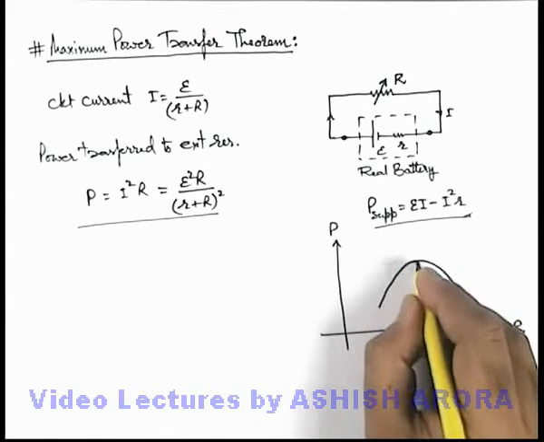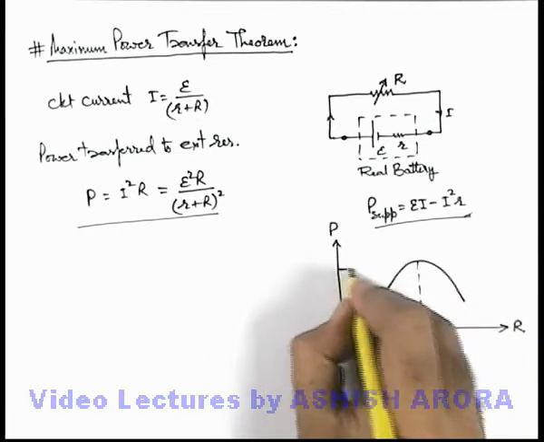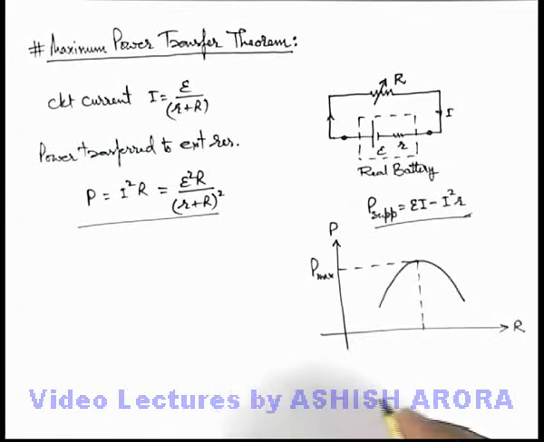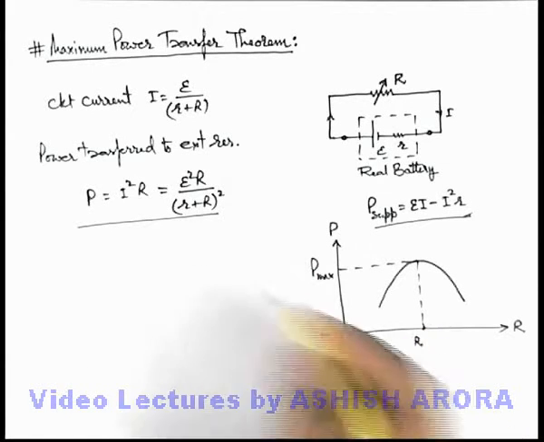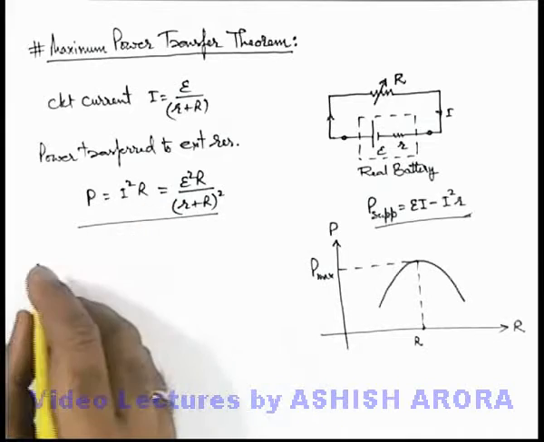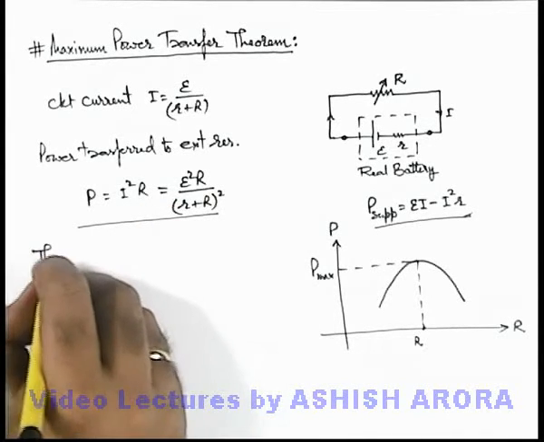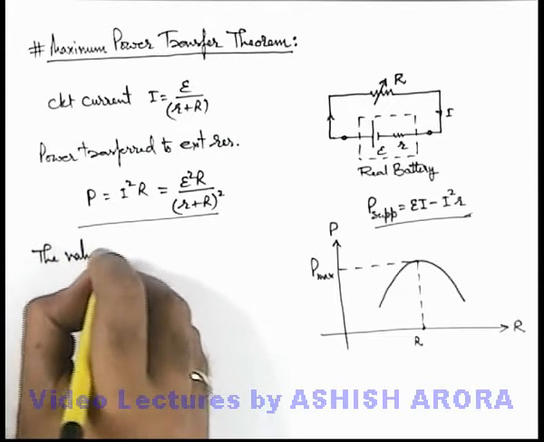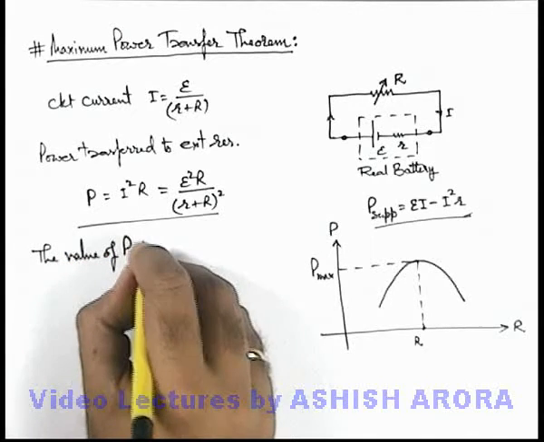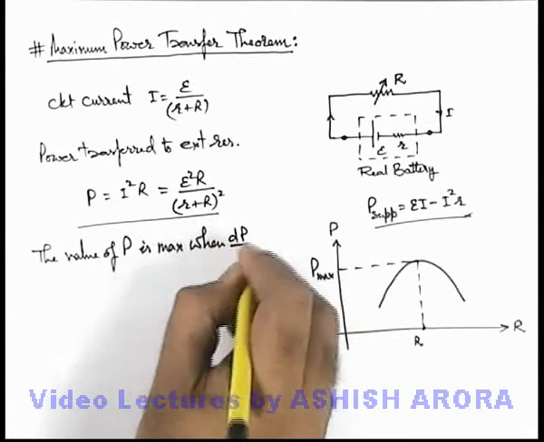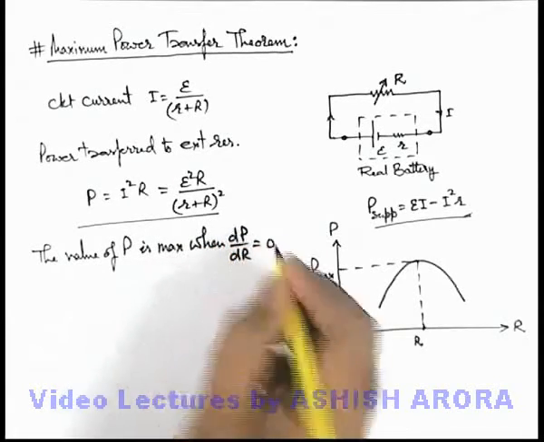Here we can see at a specific value of R, the power consumed by the resistance is maximum. If we wish to calculate this specific value of R, we can find it using the concept of maxima and minima. The value of P is maximum when dP over dR is equal to 0.